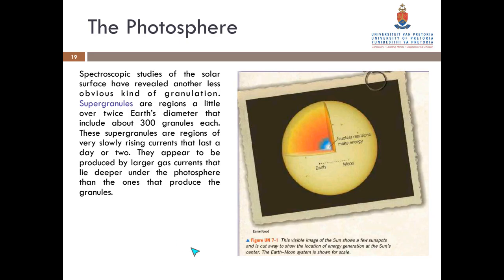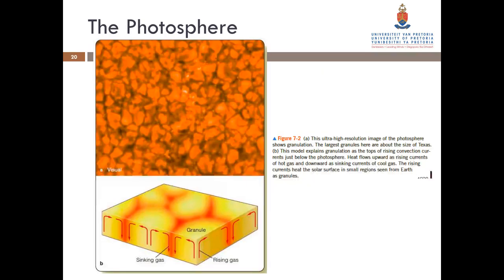Spectroscopic studies of the solar surface have revealed another, less obvious kind of granulation, and that is supergranules, which are regions a little over twice Earth's diameter that include about 300 granules each. These supergranules are regions of very slow rising currents that last a day or two. They appear to be produced by larger gas currents that lie deeper under the photosphere than the ones that produce the granules. So when we look at the sun's surface, we will see this in the figure above.